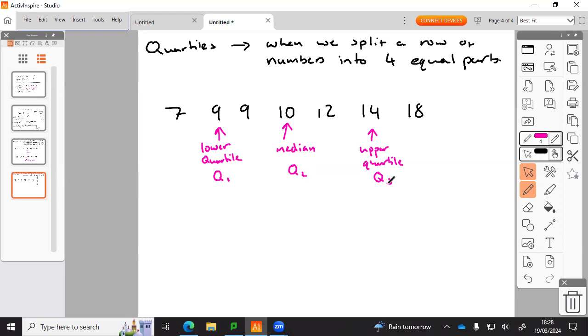Now this allows me to do 2 things, and these 2 things are to look at the sort of variance, I suppose.